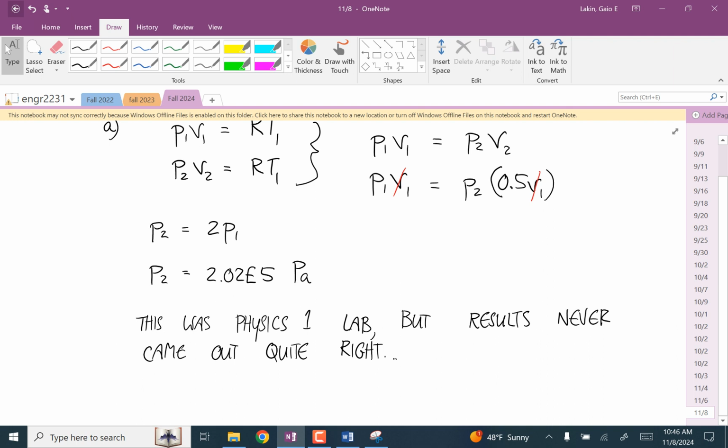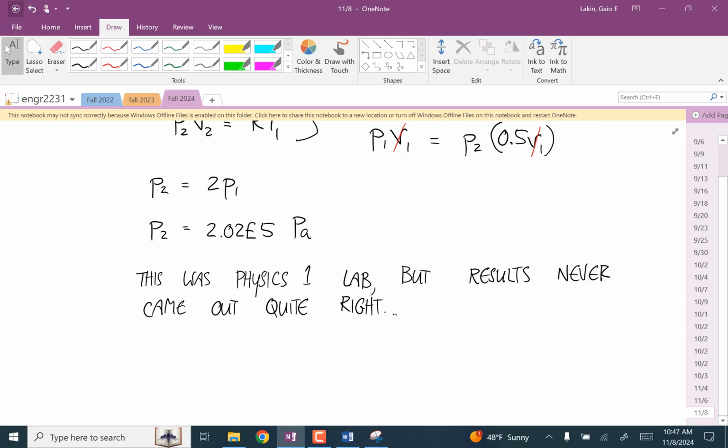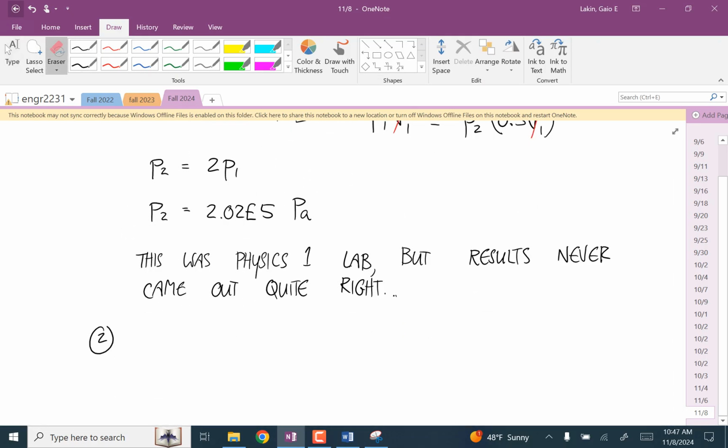We assume that this syringe is insulated and calculate using an isentropic approximation what we would get for the pressure, part B. And you get better, closer results doing this.